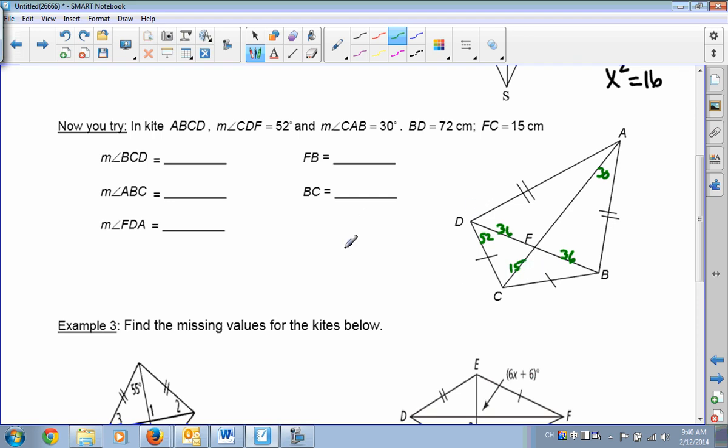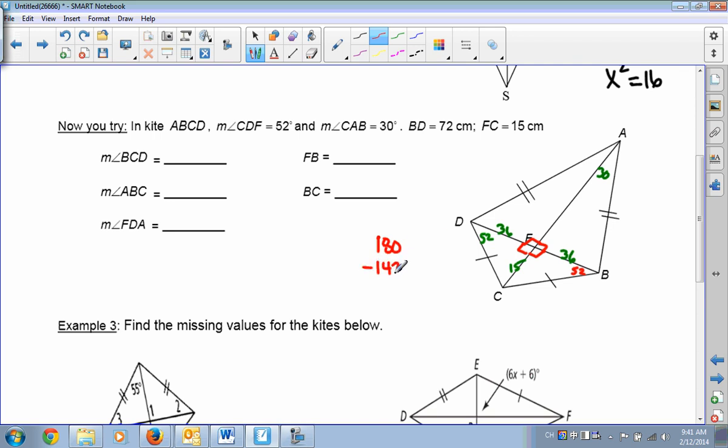Okay, so what do we know always these angles are here in the middle? 90. Okay, those are always 90. And we know this angle here is 52. So this angle over here is also 52. So how can we find both of these angles? Yeah, 52 plus 90 is, what is it? 142?